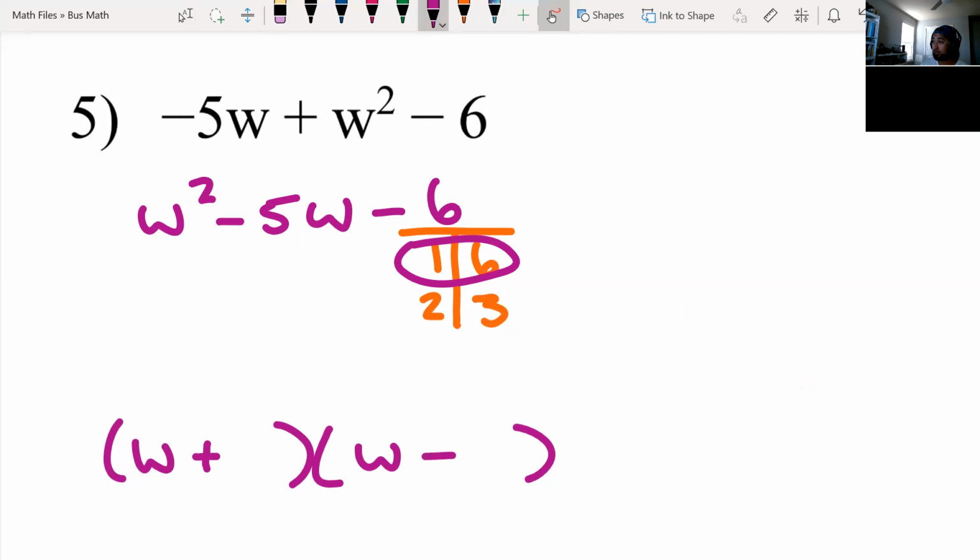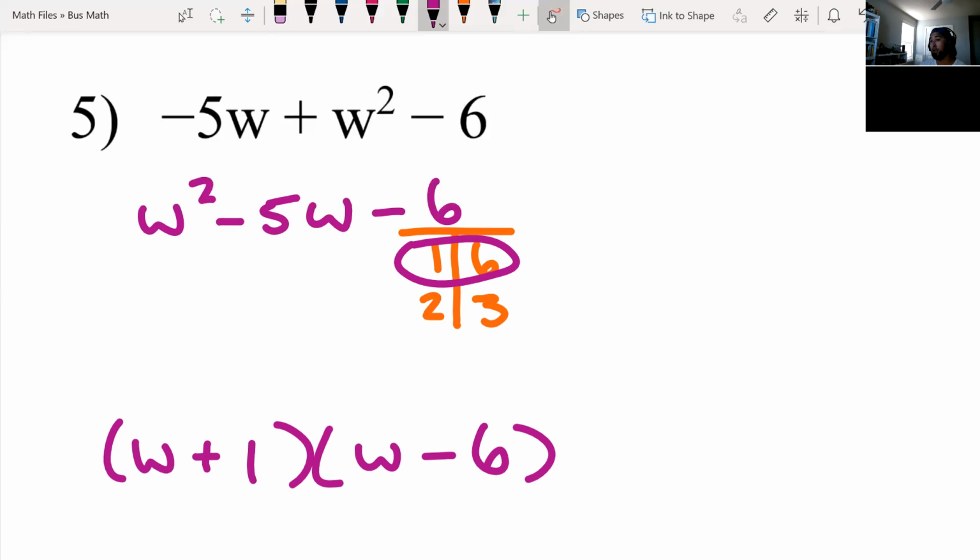So that's where your sign chart can come in handy. Here's another way I also like to teach factoring. Instead of having to write them out with the signs all the time, I say if 1 and 6 can give us negative 5, this means the bigger number must be negative. And the smallest number must be positive.